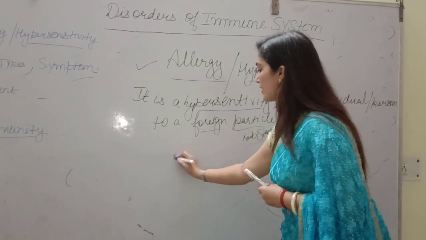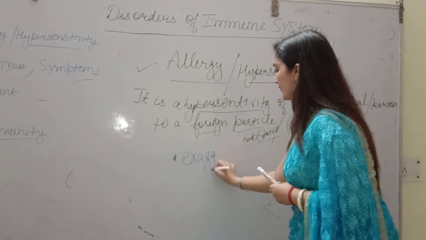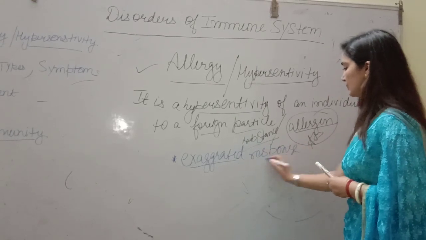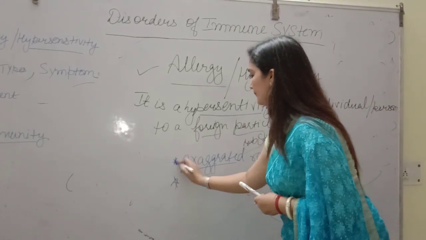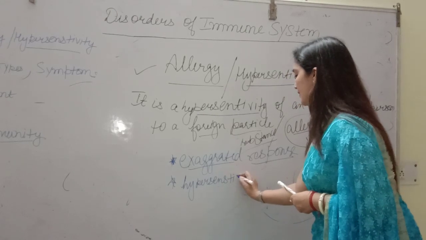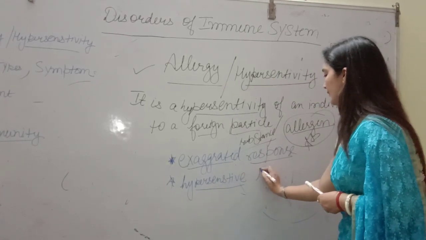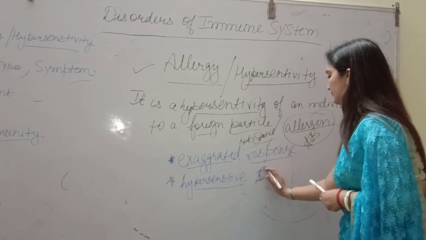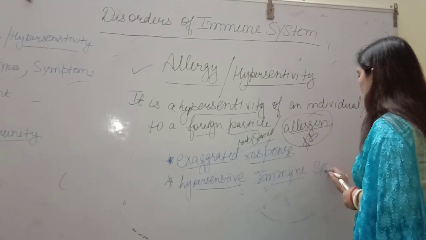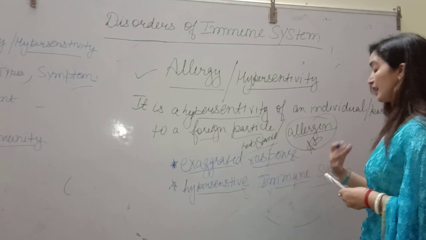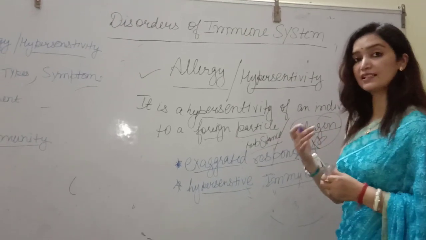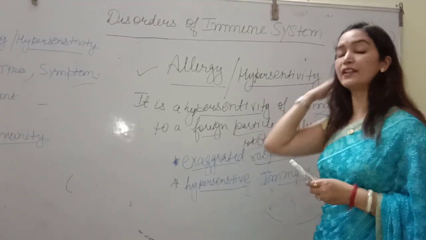We can also use the term hypersensitive immune system, that may get activated and start producing antibodies whenever any foreign particles enter our body, and even when dust particles are there.